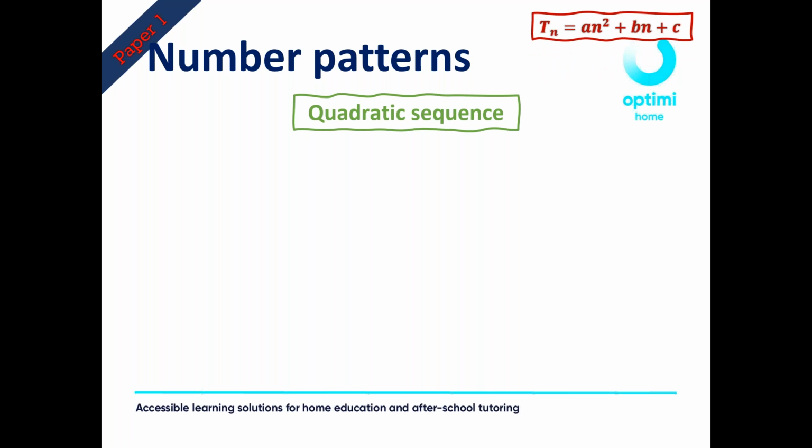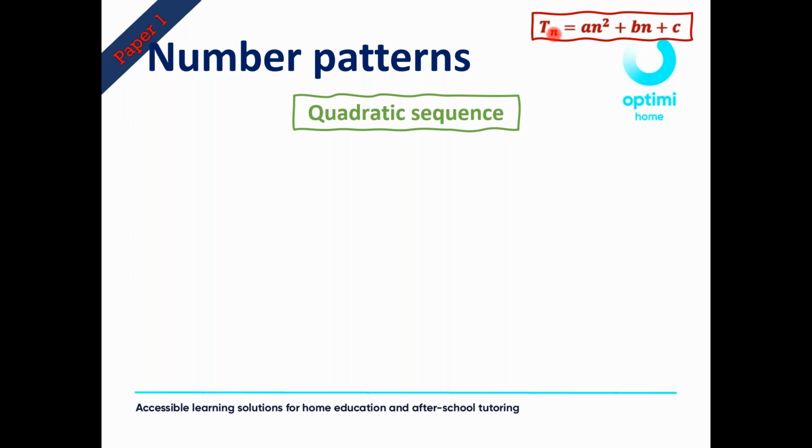Firstly, this is the equation of a general term of a quadratic sequence. And the quadratic comes from this n to the power of 2, the square. So an squared plus bn plus c. And this is actually also the equation that you can use with parabolas, right? It's not new. You still need to remember it because you don't get a formula sheet.